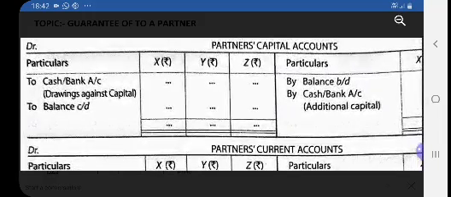And if there is any permanent withdrawal by the partner, then it will be denoted on the debit side as to cash or bank, drawing against capital, that I already explained. This is a permanent withdrawal of capital. Only these two factors lead to a decrease in the balance of capital.